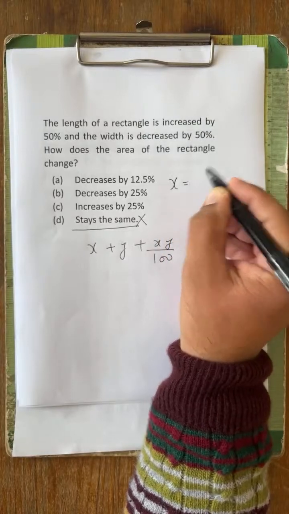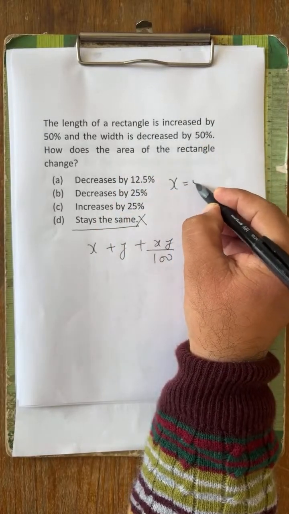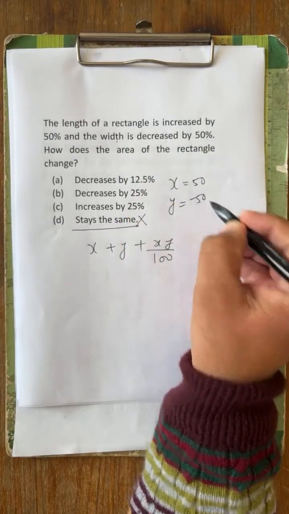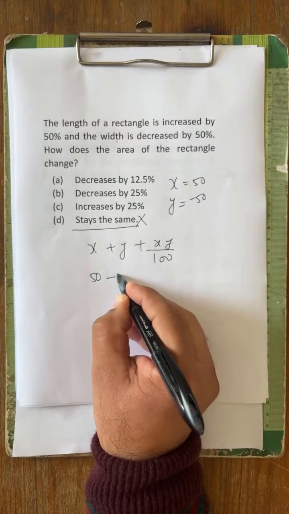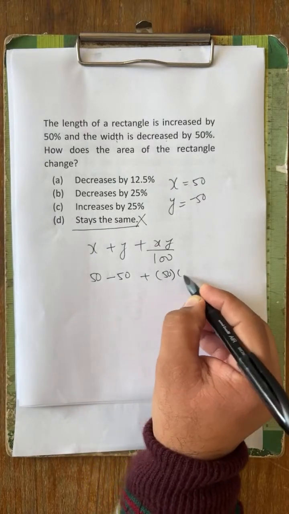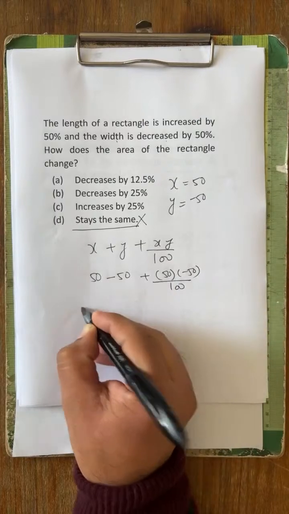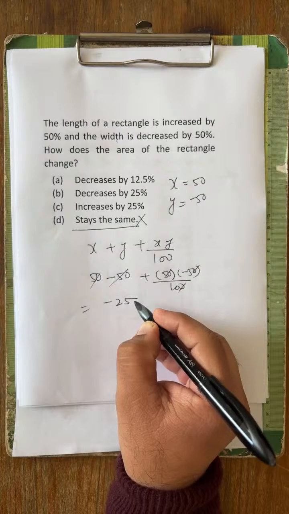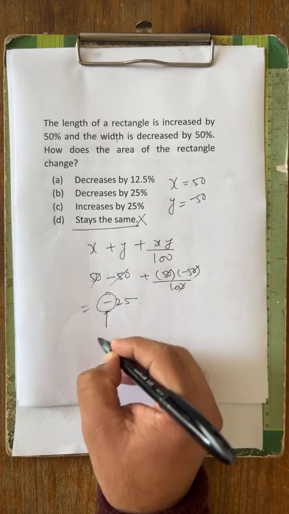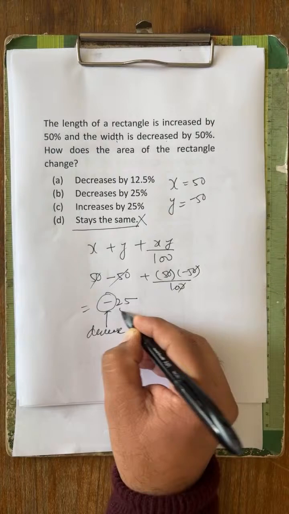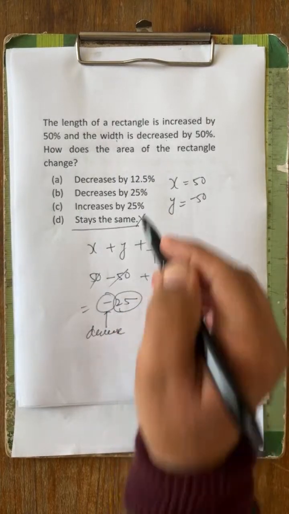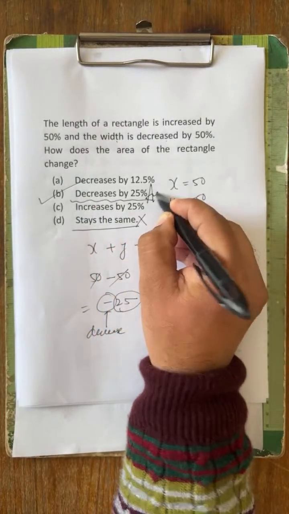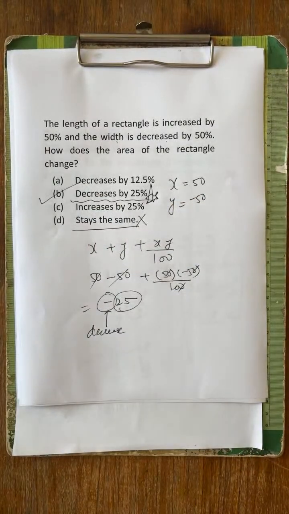So x will be 50, as length is increased by 50, y as width is decreased by 50, so minus 50. Substituting here, 50 minus 50 plus 50 into minus 50 upon 100. This cancels, this also cancels, we are left with minus 25. This minus shows that there is a decrease and 25 is the decrease percentage. So B answer, decreases by 25% will be our answer.